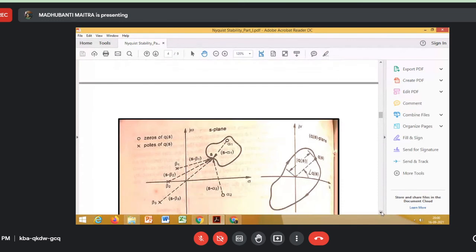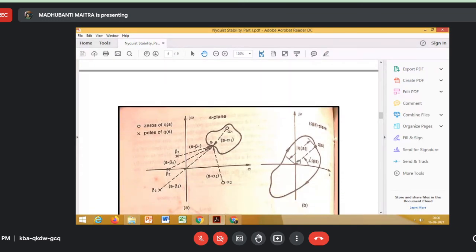So, on the QS plane, you see, this is one QS phasor. Follow this cursor. This is one QS phasor. Yes or no? Right?